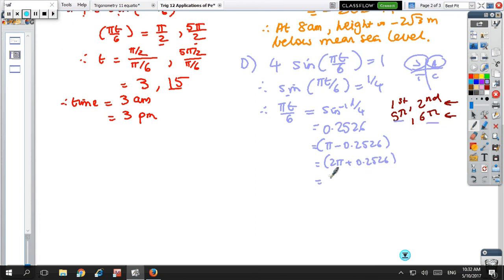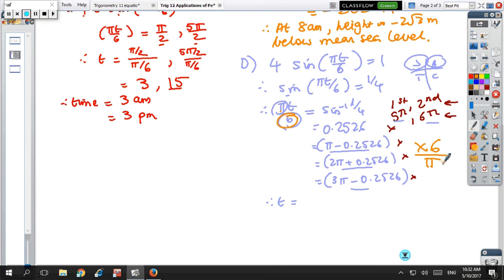And on the sixth quadrant, it'll be 3 pi minus 0.2526. Okay, so then you'll get these answers, and then you're going to multiply by 6, and then divide by pi. So all of these 4 answers, we're going to multiply by 6, and then divide by pi, and get some new answers.